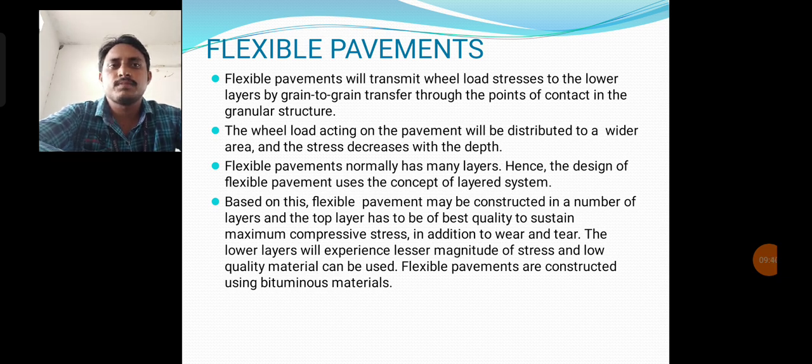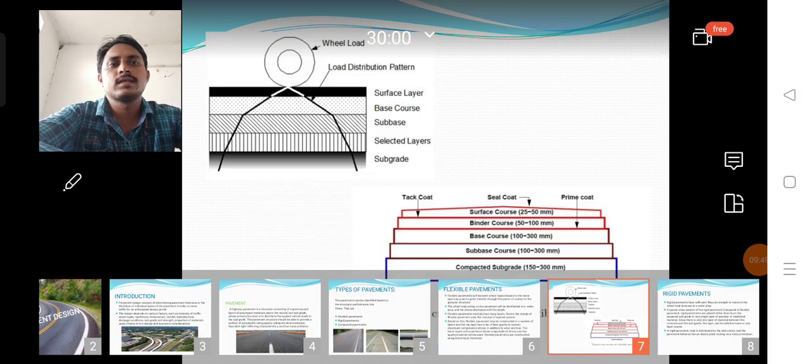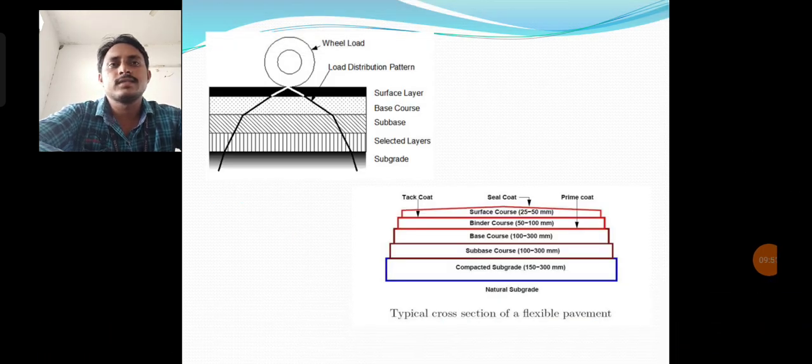The top of the flexible pavement is constructed with bitumen. We can observe the layers in the diagram: soil subgrade, the selected layer which means subbase, then base and surface layer.